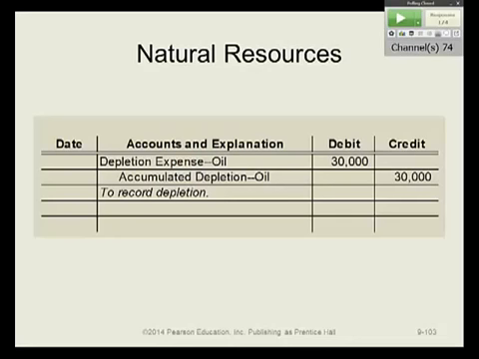All right, so that's the difference. So you have to go through an extra step to get the depletion. You have to get the rate per unit and then know the units produced. Those are the actual units produced. There's no estimate in there.